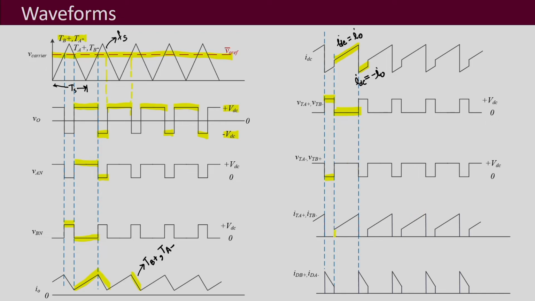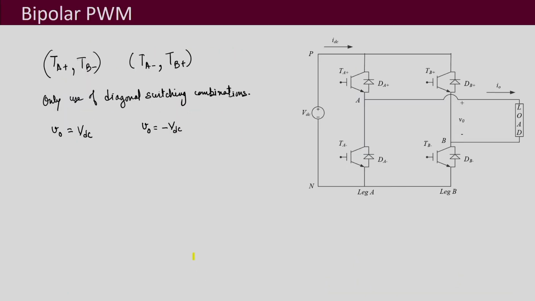And the current that is carried by the devices. Now here what we have assumed is that the current direction is always positive. So when the current direction is all throughout positive, whenever these first two diagonal switches, TA plus and TB minus, are turned on, they are going to conduct. Whenever the opposite is happening, at that time the current direction is like this.